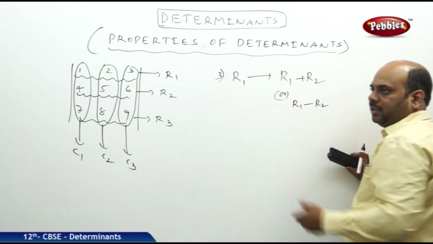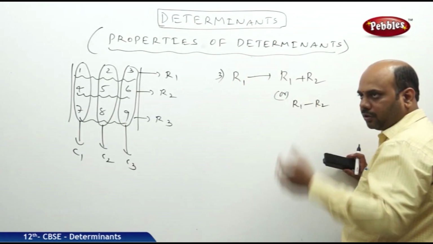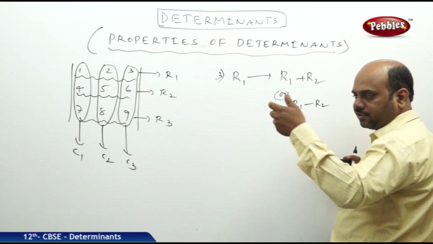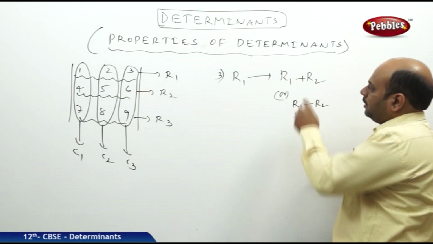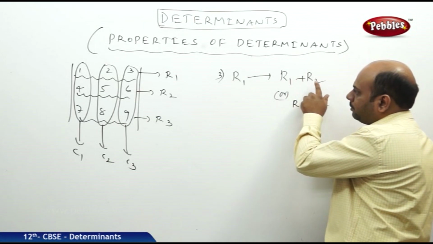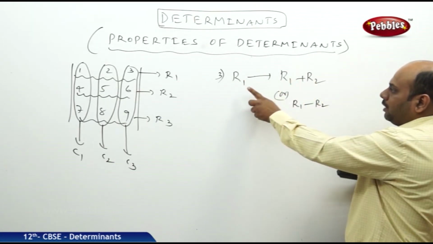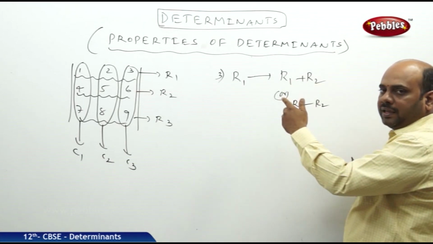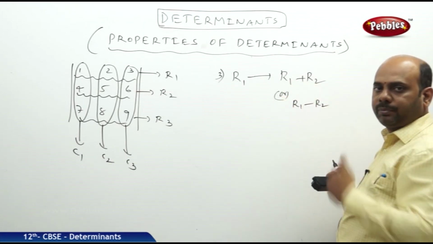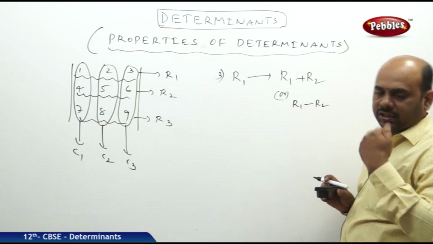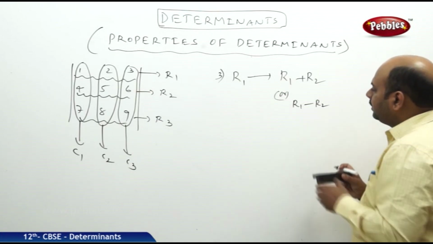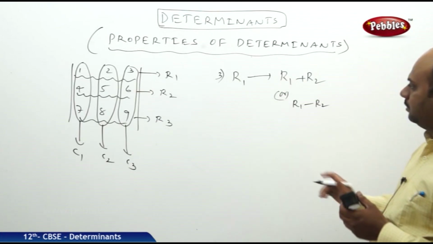While performing the row operations in the determinants, I may add R1 plus R2 to get a new R1. That means for finding R1, sometimes I will be adding R1 plus R2 of the previous determinant to get a new determinant. Similarly, subtraction can also be done.